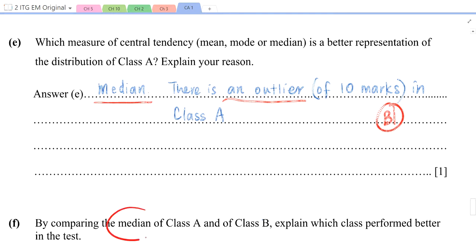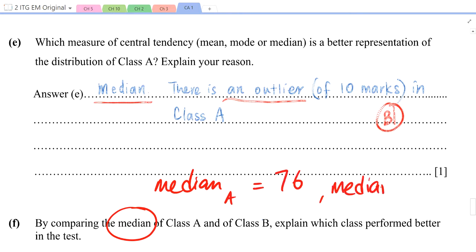Then by comparing the median of A and B, which class performed better? So the median of A equals 76. What about the median of B? What is the median of B?